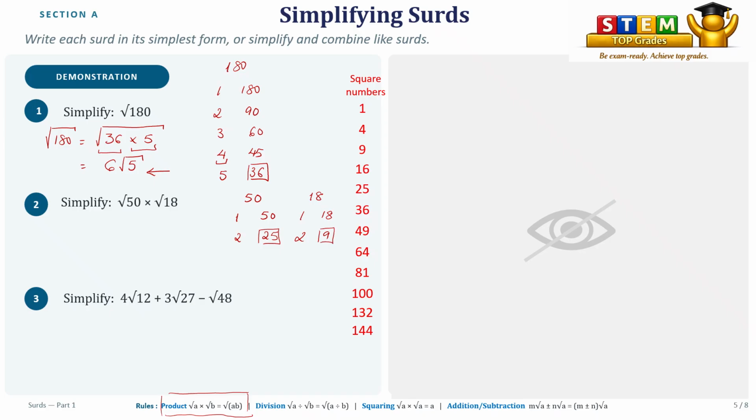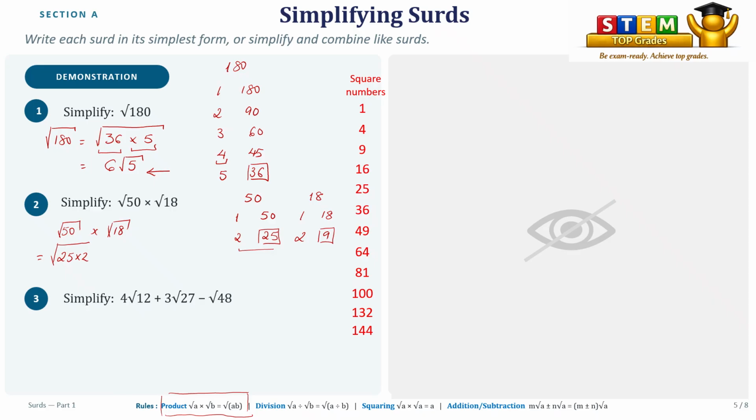So how are we going to write out the answer? Now, square root of 50 times the square root of 18 will be written as square root of, now we're going to take the bigger number first, so 25 times 2.